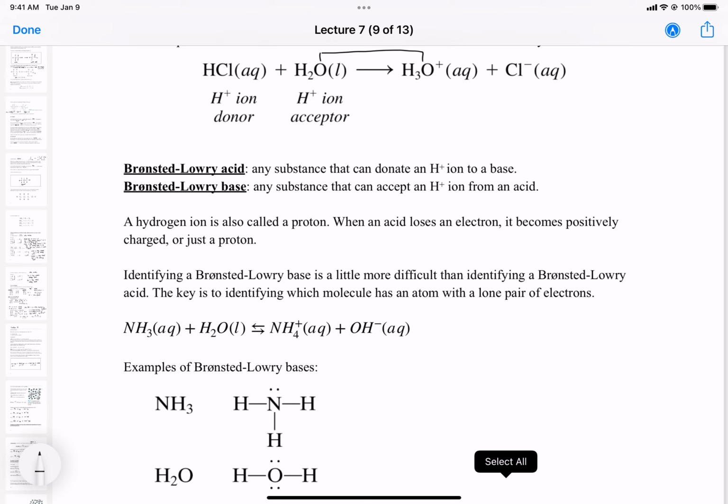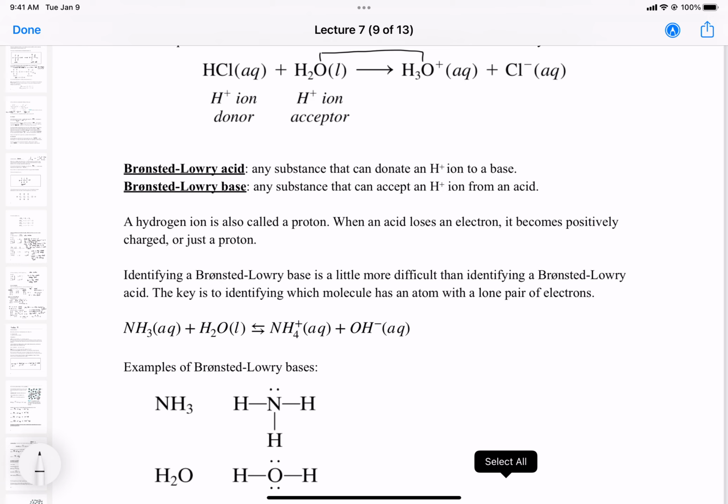Okay, so hydrogen, I just talked about. Remember, a hydrogen ion is just a proton. So when an acid loses, well, I said when it loses just an electron from the hydrogen atom, it becomes positively charged, a hydrogen atom, or just a proton.